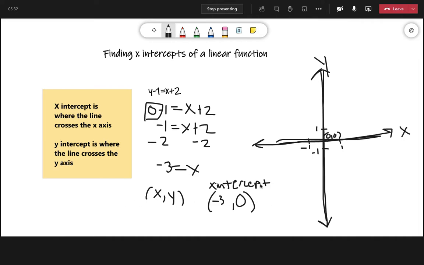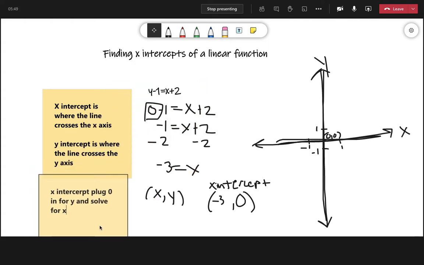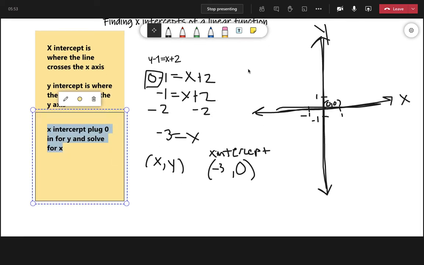So for the x-intercept, you plug in 0 for y. Let's write that down. X-intercept: plug 0 in for y, and solve for x. That is our x-intercept.